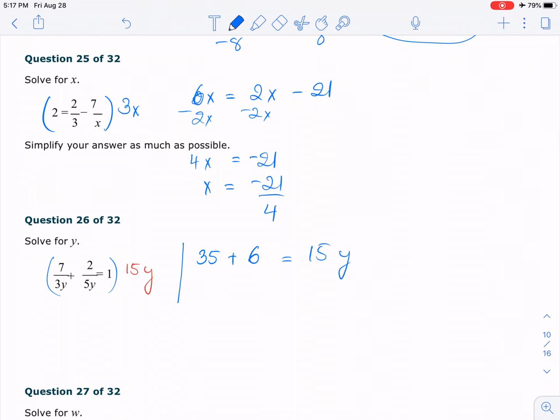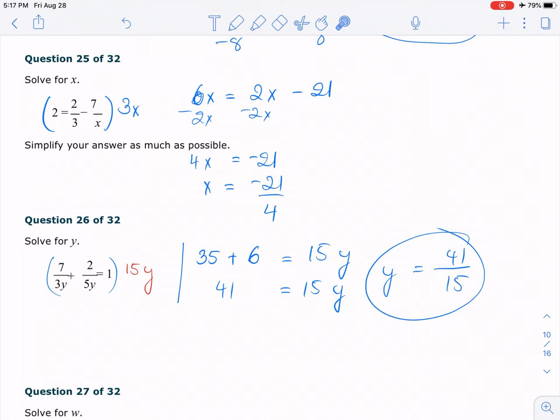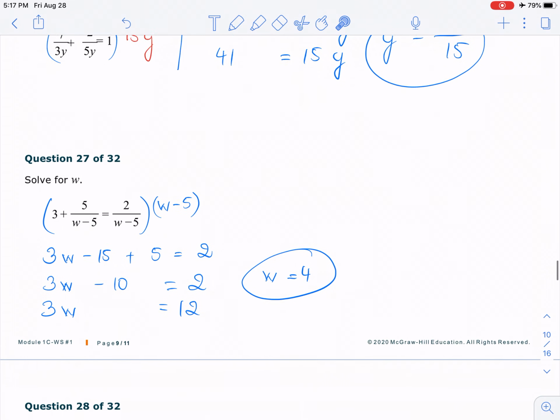So we have 41 equals 15y. So y is going to be 41 over 15. Once again, for this problem, you are not allowed to have 0, because if you have 0 on the bottom, that's bad, that's undefined.